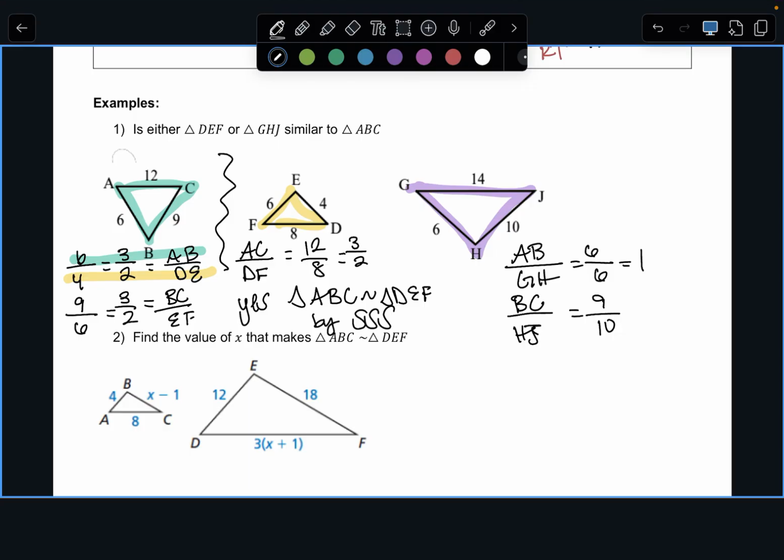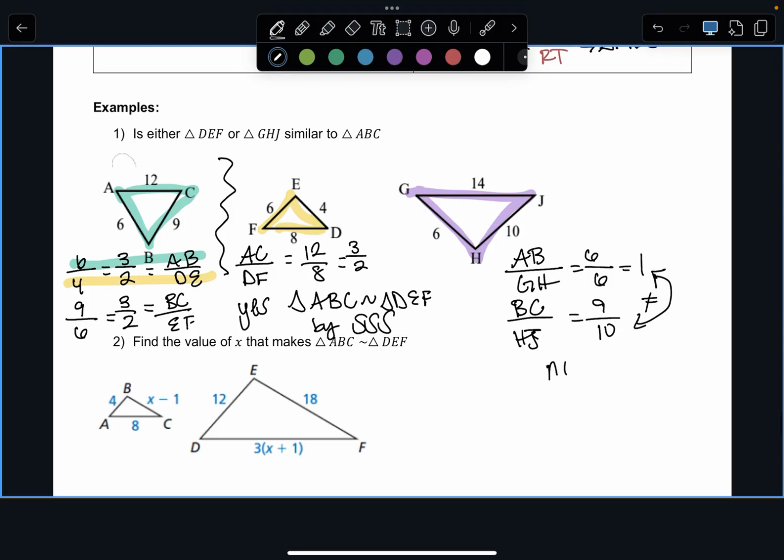Is 9 over 10 equal to 1? Are those the same? No, they're not equal. So I don't even have one pair of corresponding proportional sides. I have 0. Okay?